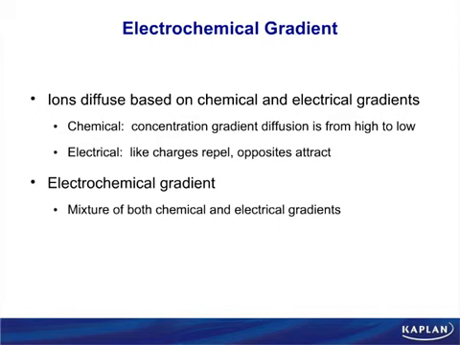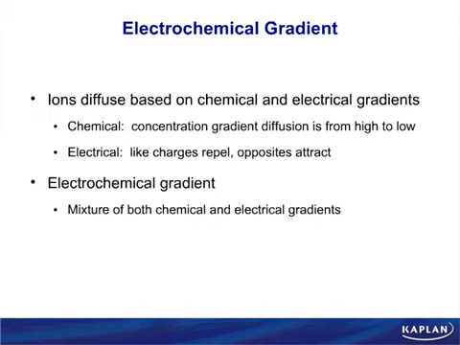Second big concept is electrochemical gradient. We have to remember that ions diffuse based upon a chemical or concentration gradient, and as we will remember, this is from high to low. So from a higher concentration to a lower concentration, solutes, including ions, will diffuse. But the key characteristic here is that ions also have charge, and so they will diffuse based upon electrical gradients.